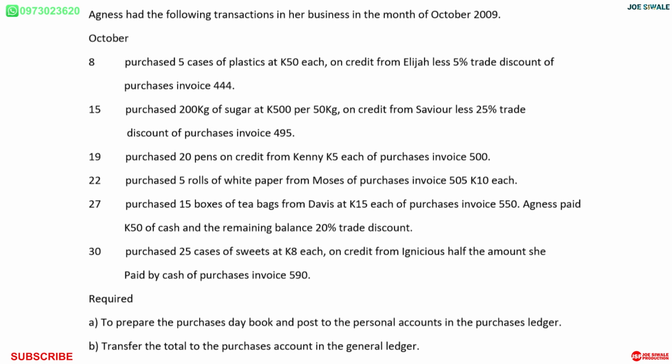And we have been told that Agnes had to pay half of that amount by cash, so we have to subtract that amount, and we know that the half amount of 200 kwacha is 100. So we're going to say 200 minus 100, and that means that we are supposed to record our 100 in the invoice total column.